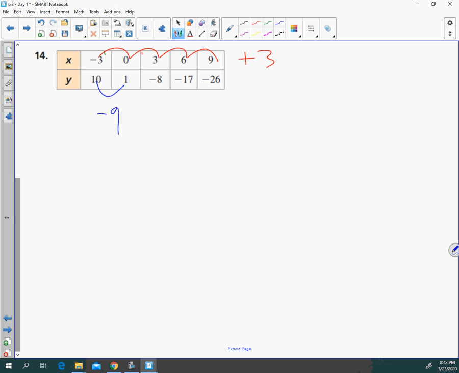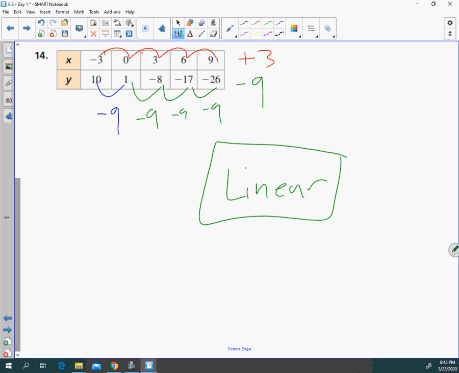You just always look. And then just double check. Hey, what's 1 minus 9? Is it -8? Yes, it is. So from there, they're minusing 9, right? And minus 9 from there, check. And minus 9 from there, check. Since we're minusing 9 each time, Delaney, what do you got for that one? Linear or exponential? It is linear. Okay? A nice straight line of math for us, all right?